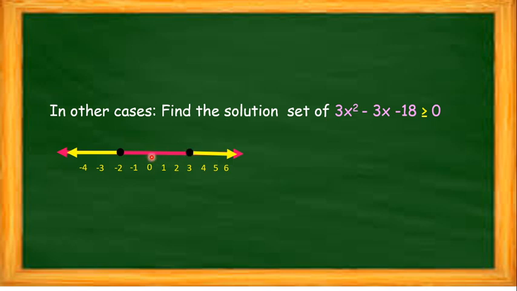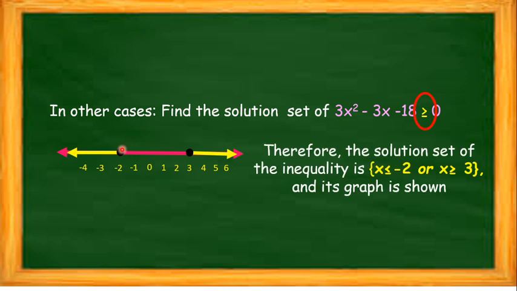The test points can be in between or apart. Since we use the greater than or equal symbol, the solution set of the inequality is x less than or equal to negative 2 or x greater than or equal to positive 3.